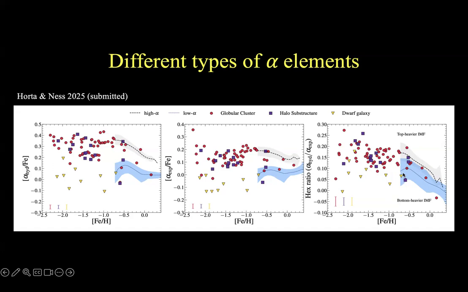So you can compare these to see how many massive stars essentially contributed to the star formation history of these different systems. Interestingly, present-day dwarf galaxies have a lower ratio at fixed metallicity compared to things that formed in the earlier universe, like globular clusters or halo substructures. So I think it'd be really interesting if we can get alpha elements for these distant halo populations to try and contrast the different types as well.